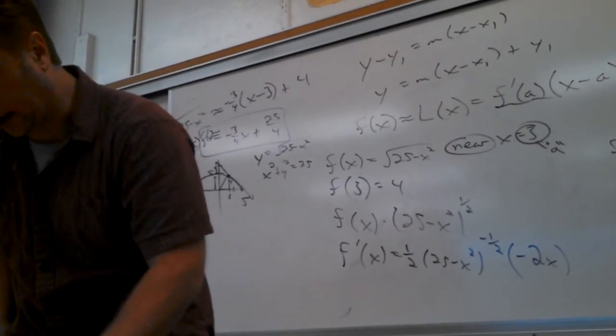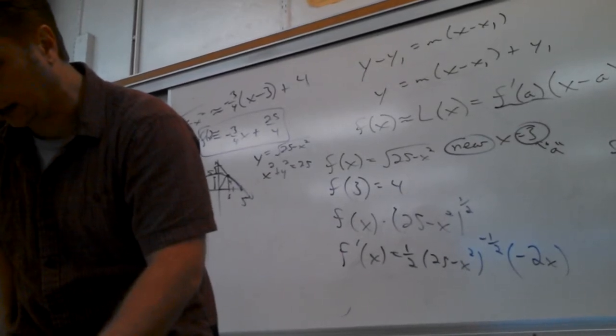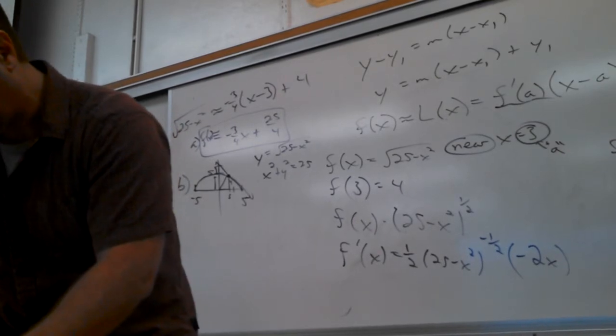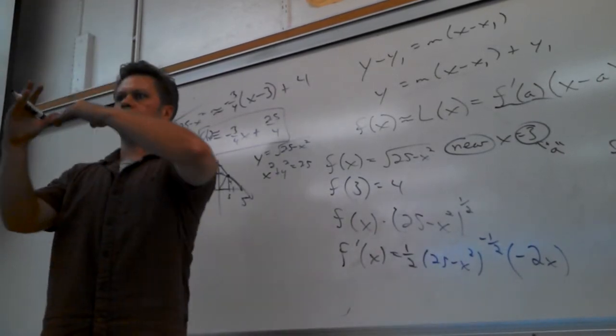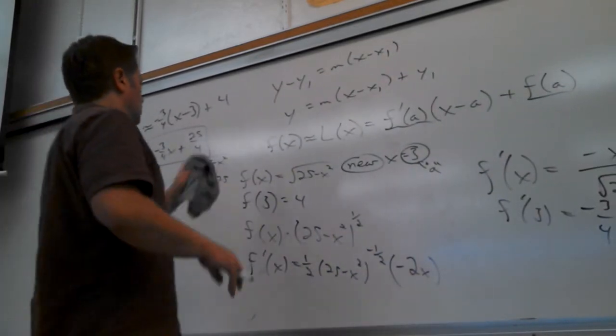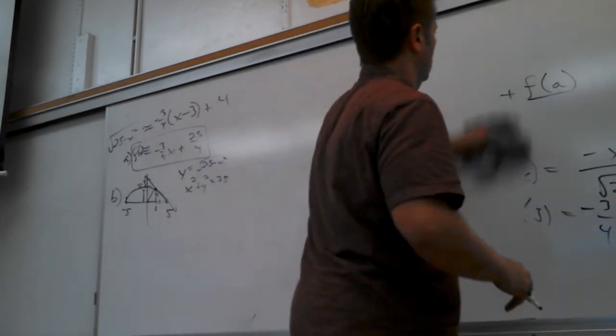What else do they ask you? One more thing they ask you to do. For what values of x is the linear approximation accurate to within 0.1? I guess they do have a graphing calculator in there. And this is that process we talked about in class. Would you just use an intercept function on your calculator? Yeah, exactly.